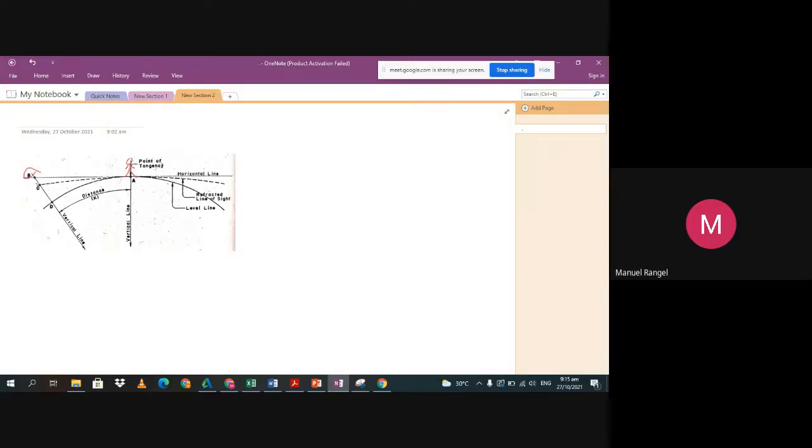So dahil bilog ang mundo, no, nagkaroon ng effect ang curvature. So mo na ang ginatawag na H, and this is the K. So this is the H prime, or the effect of the Earth's curvature and refraction.